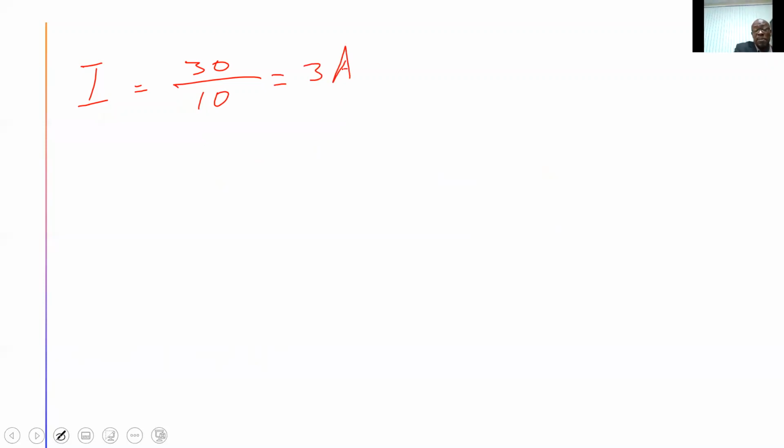For phi, we need to think carefully about this. Now, we know that XL is up there, XC, and R. So given that XL is greater than XC, it means that phi would be here, or in other words, phi would be positive.